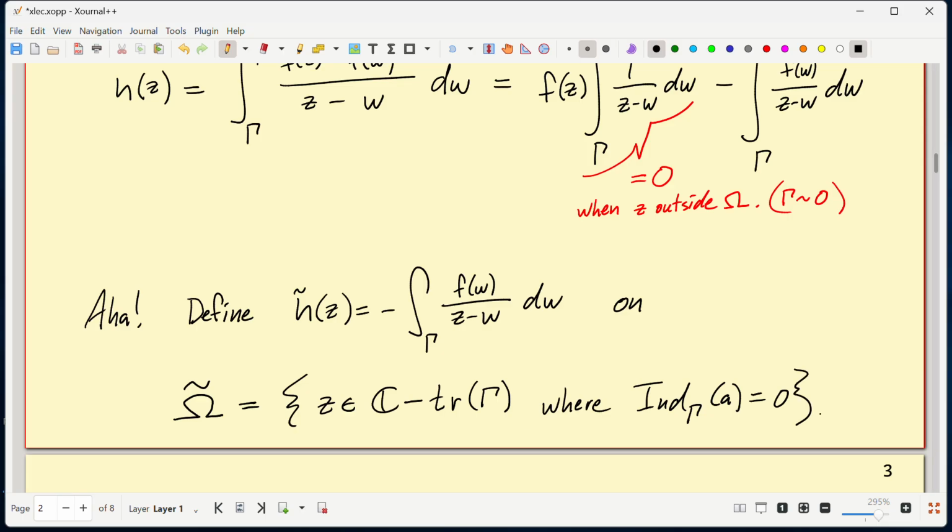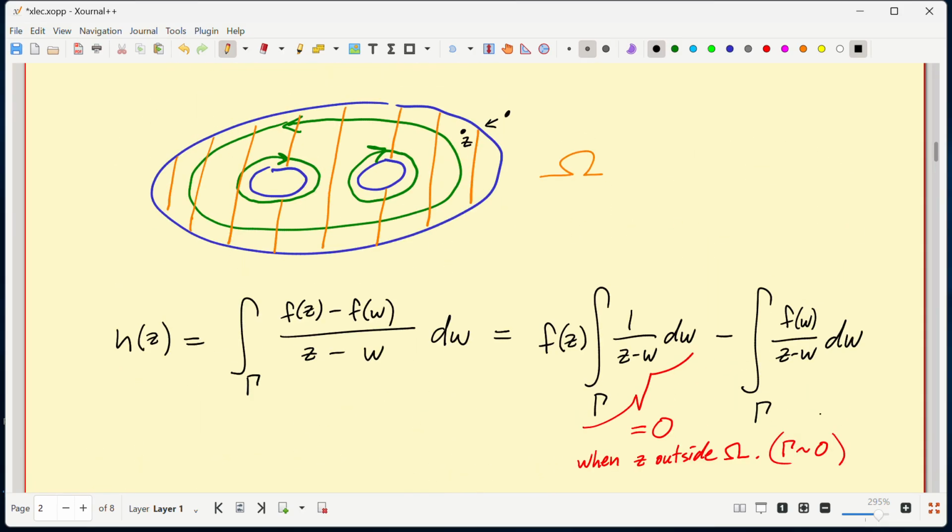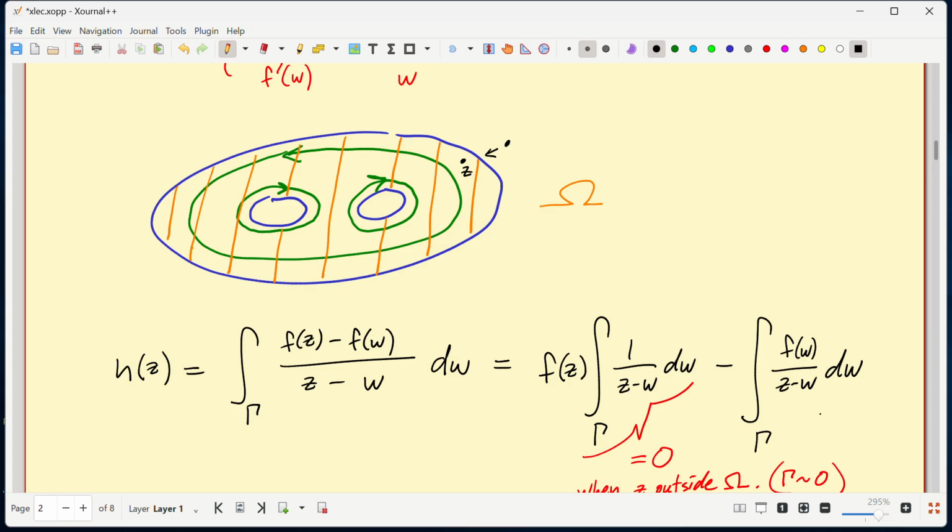In the picture, where would that be? Everything out here would be a spot like that, where the index would be 0 out there. So it's going to include more than just the complement.